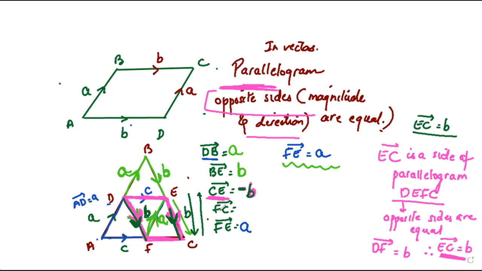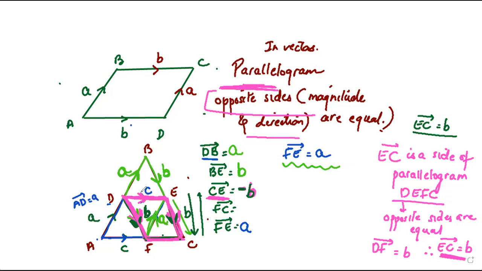Now I have to look at F to C, right? So for F to C, in the same pink parallelogram that we were doing, we have another one. D to E is given as C. That is already given in the question. We haven't calculated it.